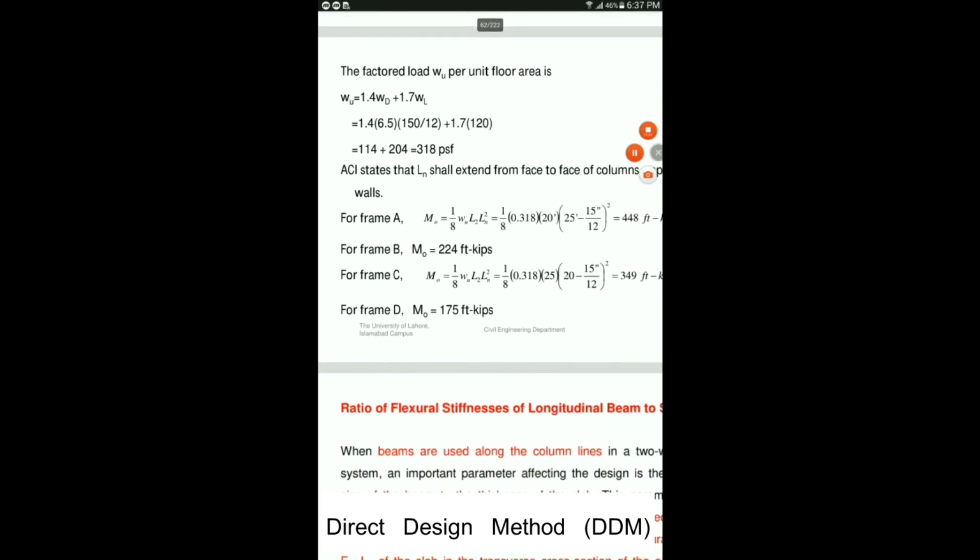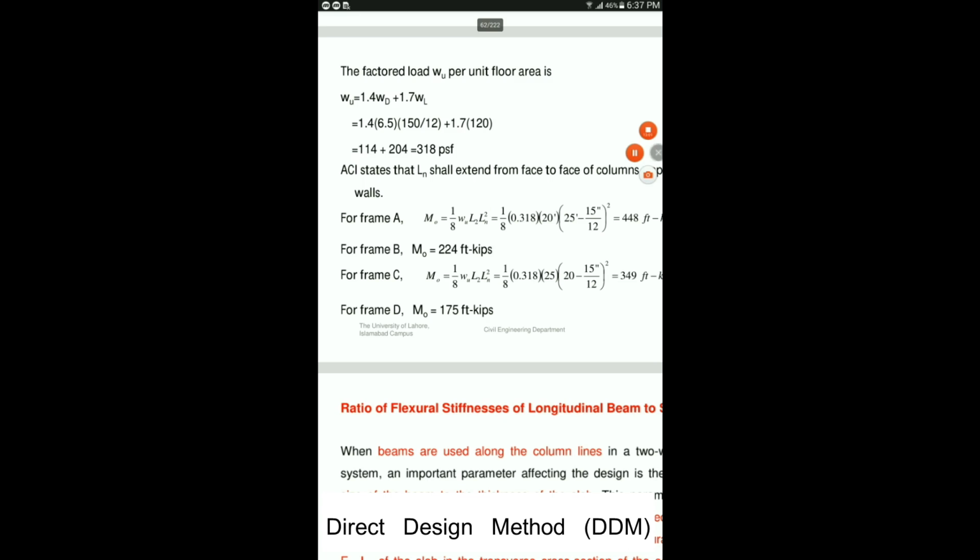Now we are going to calculate the total factored static moments, first of all for the rigid frame A, then B, C and D. Just for information, once you have calculated the total factored static moment for rigid frame A, then for rigid frame B it will be half of the total factored static moment calculated for rigid frame A. Therefore you don't need to repeat the calculation for rigid frame B and rigid frame D. The value for rigid frame D will be half of the equivalent rigid frame C.